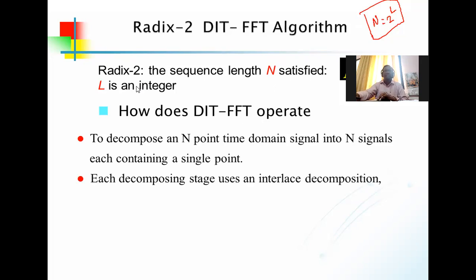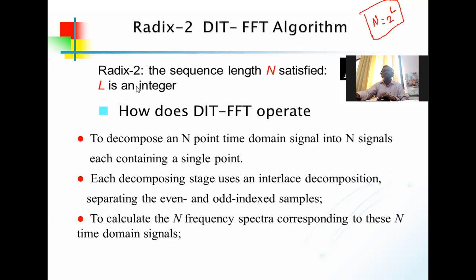Then each decomposition stage uses an interlace decomposition, separating the even and odd indexed samples. And last, to calculate the N frequency spectra corresponding to the N time domain signals. With the butterfly diagram operation, we will understand how this 8-point DFT will be converted into even and odd parts. And finally, we are clubbing them to get the frequency spectrum, that is the DFT value.